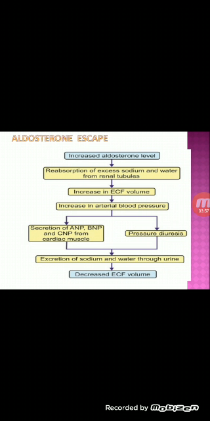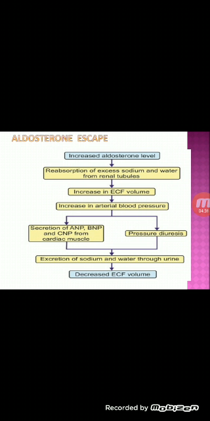This leads to an increase in ECF volume, which in turn leads to increased arterial blood pressure. This increase in arterial blood pressure causes release of ANP, BNP, CNP from cardiac muscle, and pressure diuresis, that is excretion of excess salt and water by high blood pressure. Because of this, there is excretion of sodium and water through urine, and a decrease in ECF. This is known as aldosterone escape.